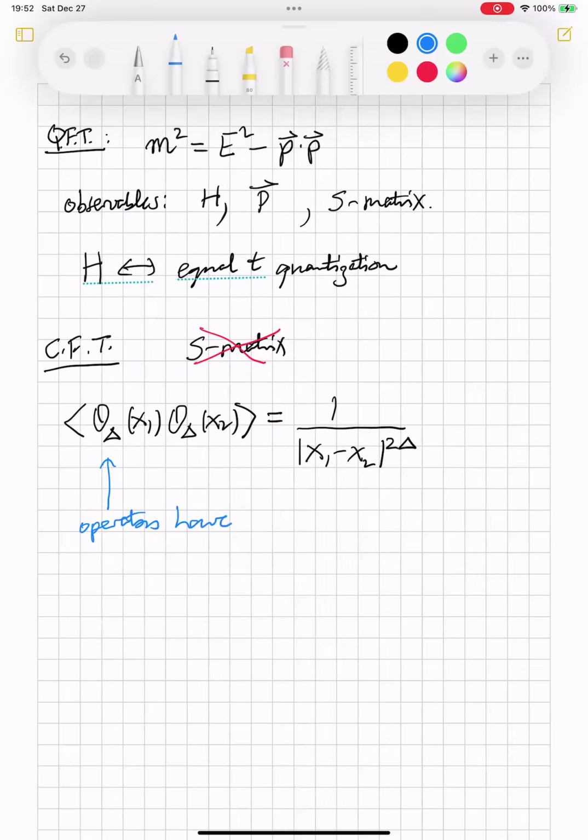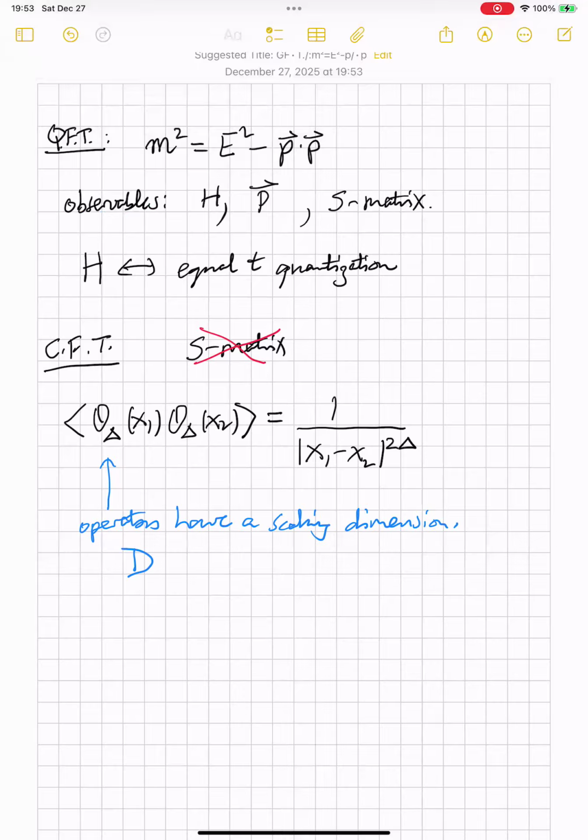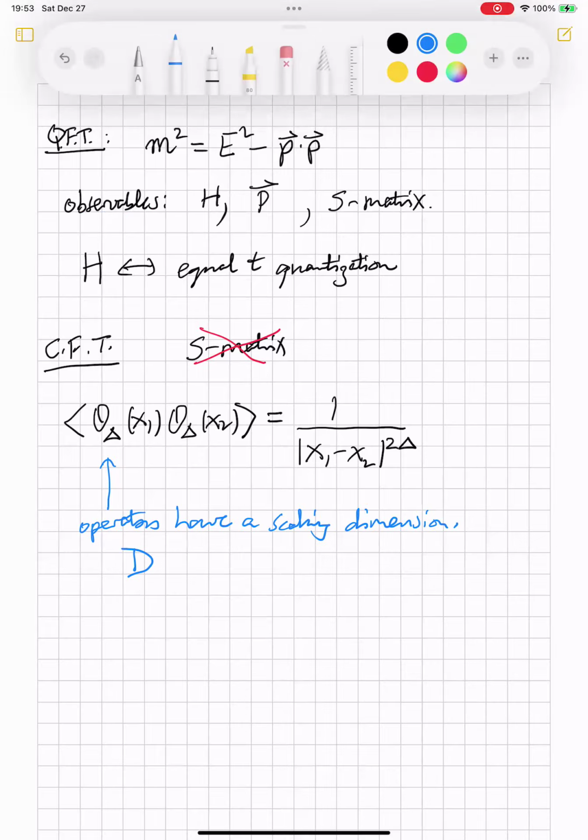So we're not interested in the energy of a state or an operator. We're interested in its scaling dimension. And the scaling dimension is measured by the dilatation operator D. Now, you might wonder, why don't we look for a basis in which operators have a good scaling dimension D and they have a good energy H?